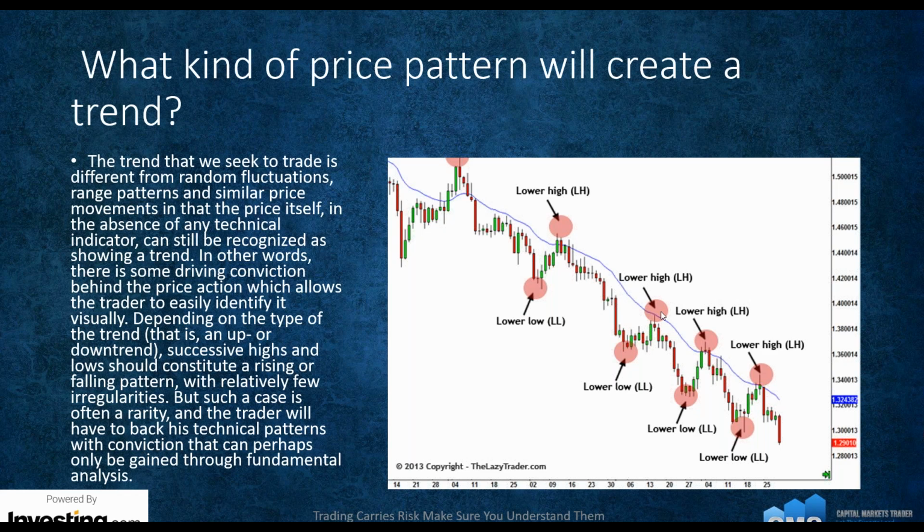Then if you're using candlestick charts, we simply look for price to create higher highs and higher lows above and below that moving average. What is a higher high? Well, in this case, in a downturn, we're looking for lower highs and lower lows. So a lower high is simply the highest point created in that price sector. So we look for, in a downtrend, price to make a lower low.